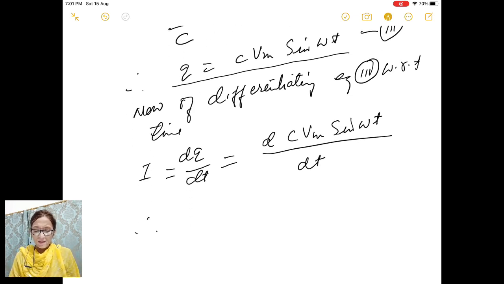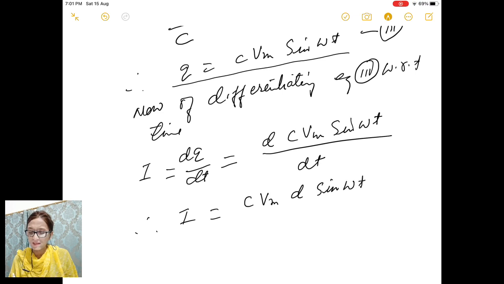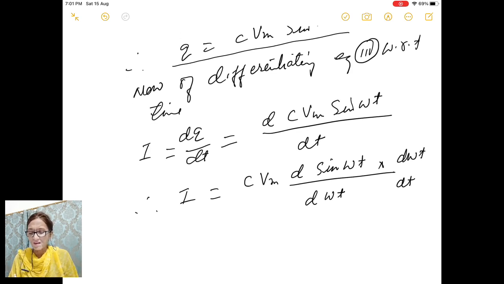Therefore, I becomes equal to, let me take all the constant terms outside the differentiation, because a constant cannot be differentiated. Here you have differentiation of sine omega t, and it can be differentiated with respect to d omega t only. So multiplying and dividing the equation with d omega t, you will get this. There is no change in the value, because you can cancel d omega t from numerator and denominator.